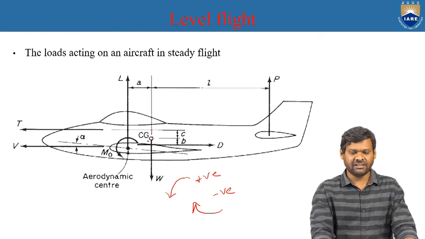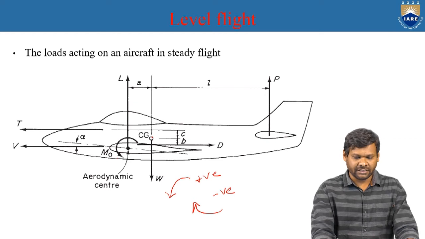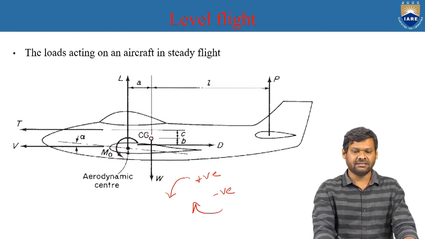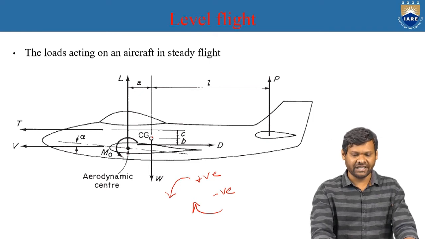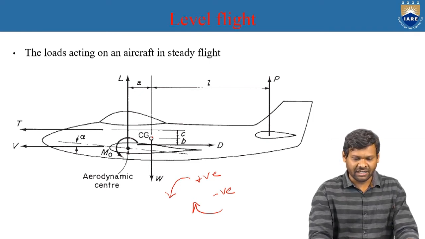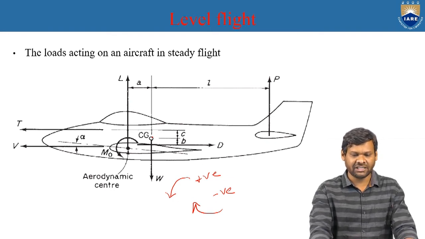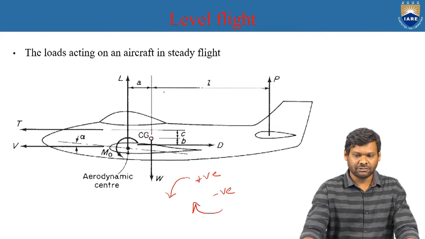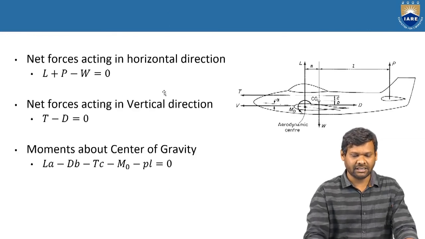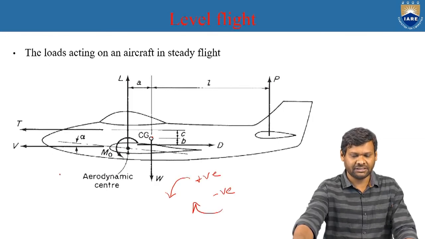Let us identify the force which is in nose up position. M naught is the moment which is produced about the aerodynamic center of a wing. And from the lift, it is a nose up. So the distance from the center of gravity to the lift is A. So that we got L into A as a positive one.